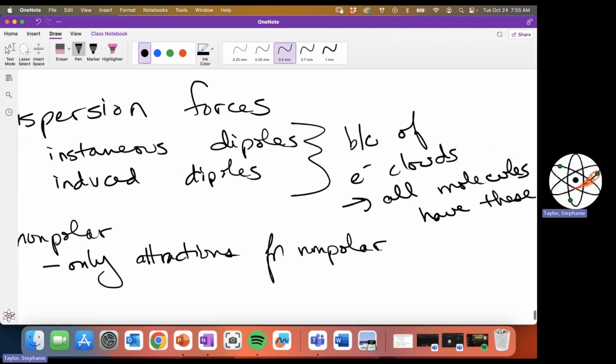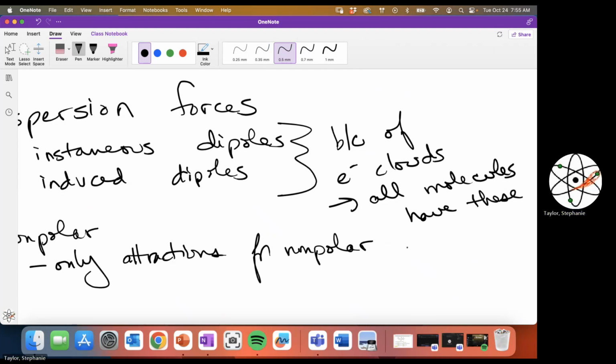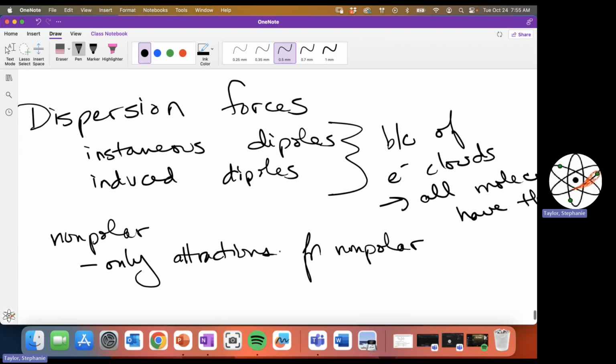At the end of the day, these small effects can add up to be larger effects, depending on how many of them you have, which is why nonpolar substances do in fact come all together. We do go ahead and say that everything has these. As long as you've got an electron cloud, you can have those small effects that wind up with small partial charges that still allow things to be attracted to each other. So nonpolar things have dispersion forces, but so do things that always have a dipole moment or always have hydrogen bonding. Everything has dispersion forces.